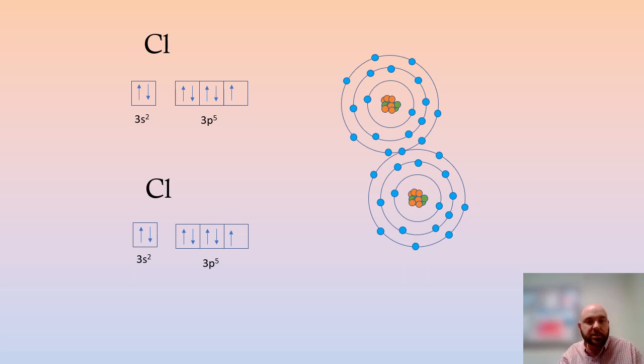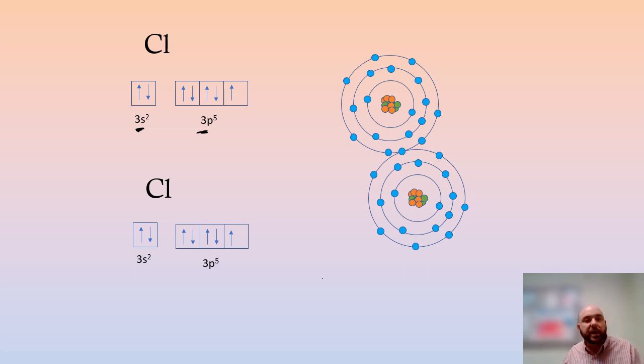They have 2 electrons in the 3s sublevel, and they have 5 electrons in the 3p sublevel. The third energy level is its valence shell, its level of highest energy, and we can see it has 7 valence electrons. And as with all other atoms, when they bond, they are trying to achieve that octet.